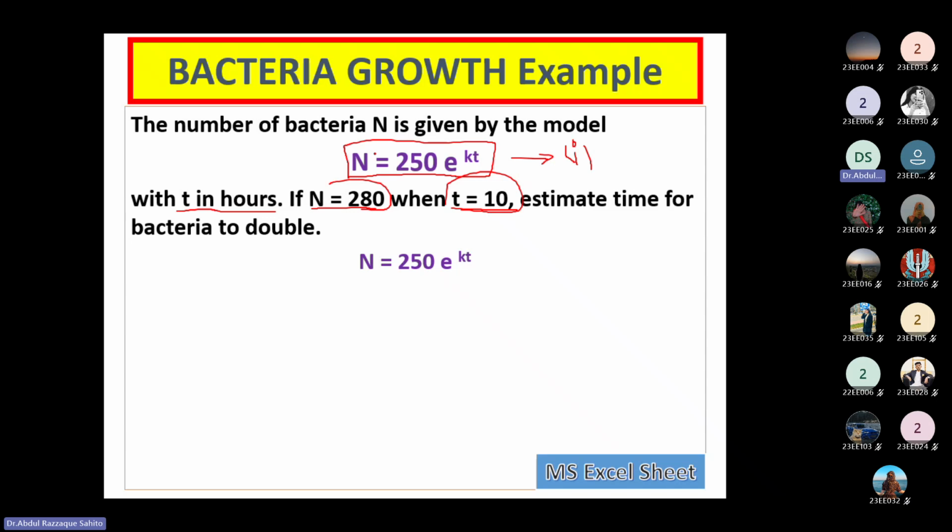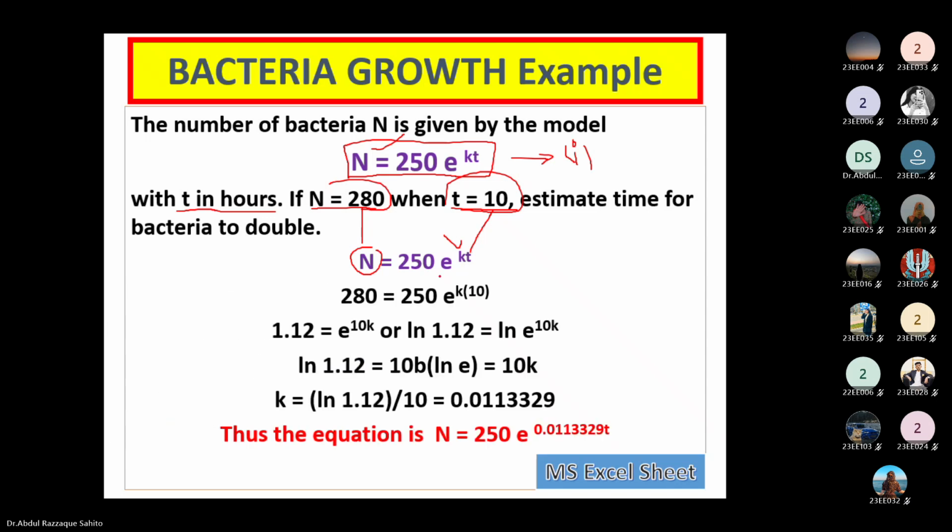So in this model, equation number 1, where N is there we will put 280, and where t is there we will put 10. The remaining will be the value for k, so by this we can find the value of k.